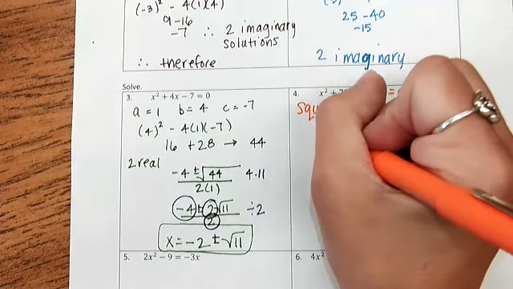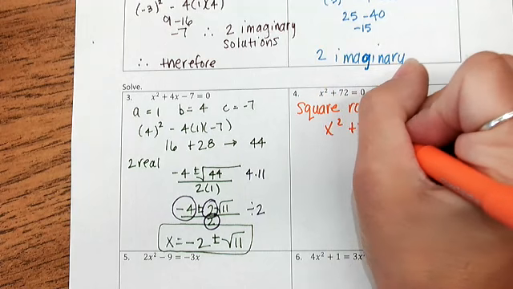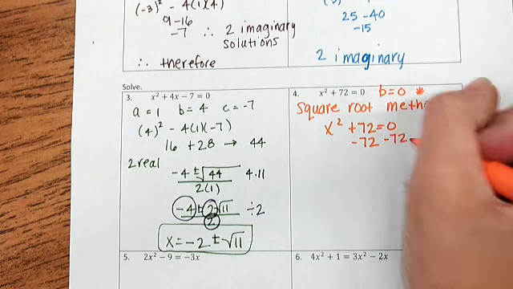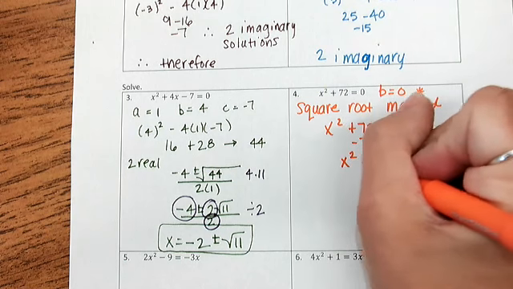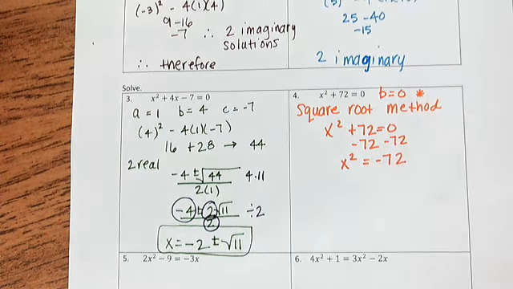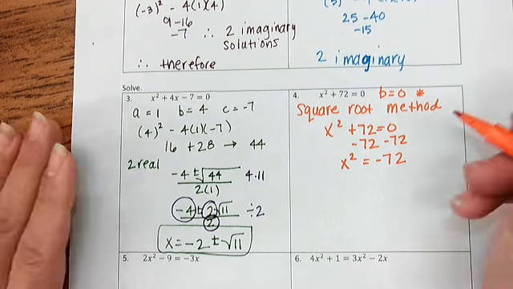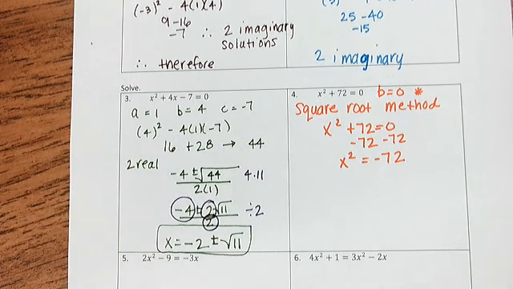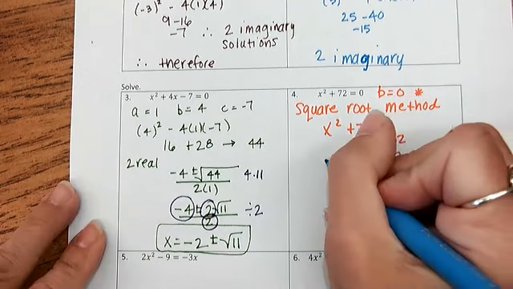So I'm just going to rewrite the problem. For the square root method, I'm going to subtract 72 from both sides. Okay. This is going to be imaginary because the 72 is negative. So I'm going to square root both sides.